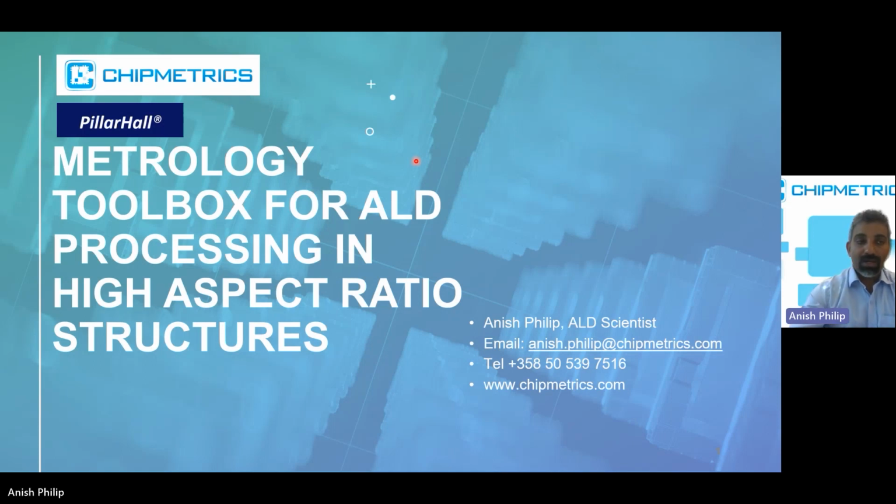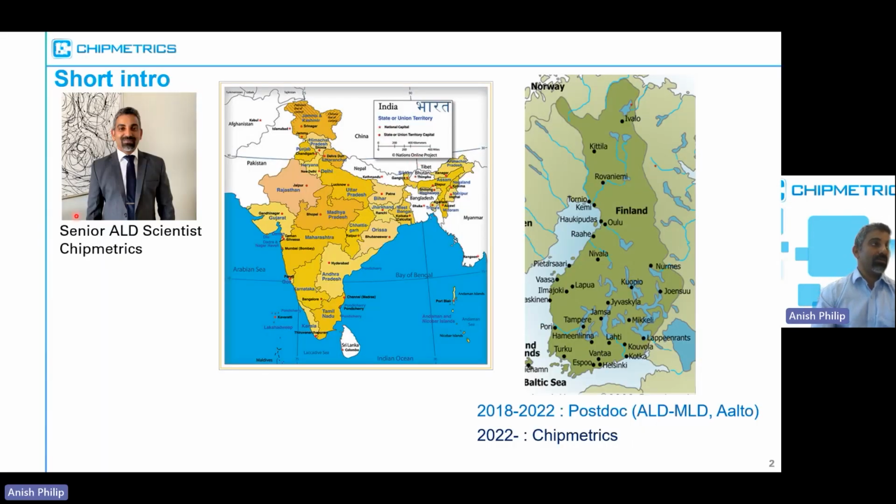Before we go into the details of the talk, I will give a short introduction about myself, who I am, and what my background is. I work as a senior ALD scientist with Chipmetrics, and I come from the southern part of India, a state called Kerala.